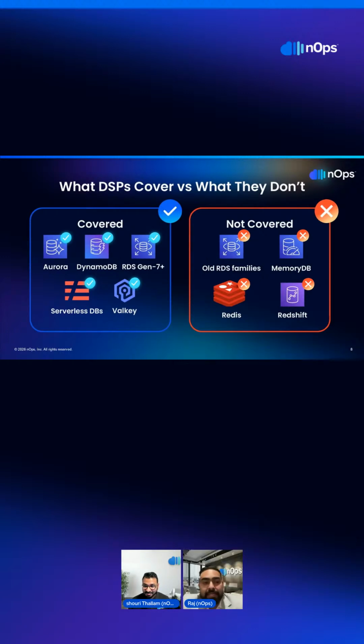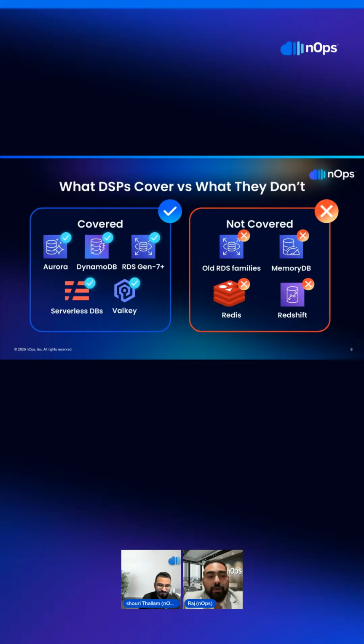Yeah, for sure. And if you're a user who just uses RDS instances of, I don't know, fifth gen or maybe sixth gen, then we shouldn't even be discussing all of this. You have RDS, you have older generations, so go buy an RI. That's what I would do.